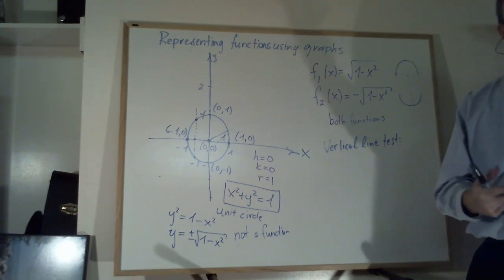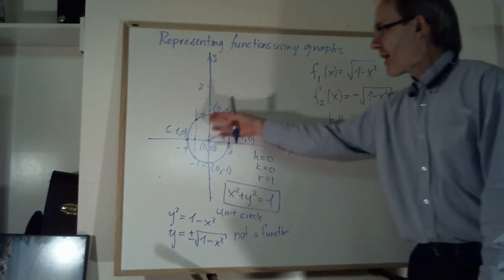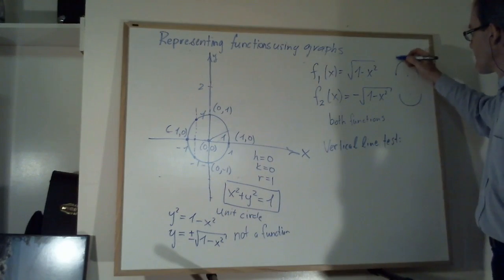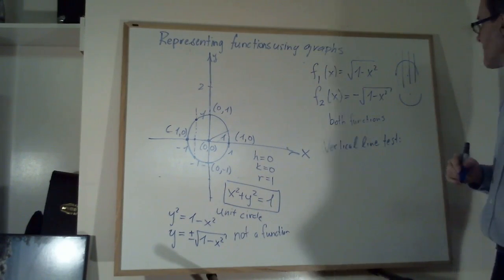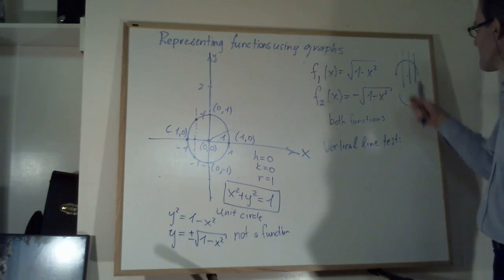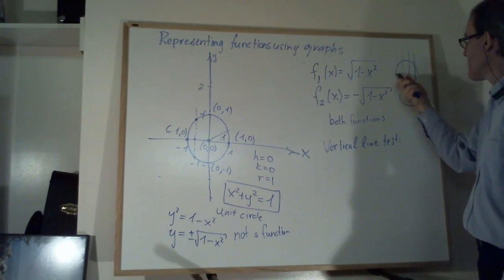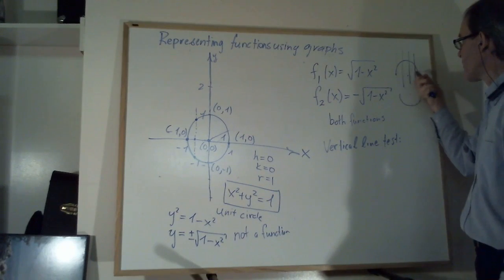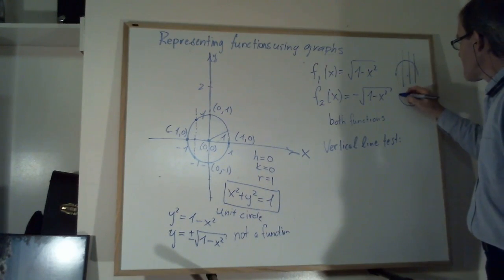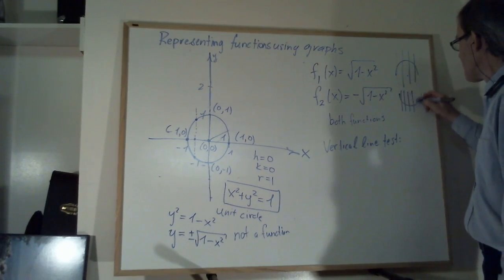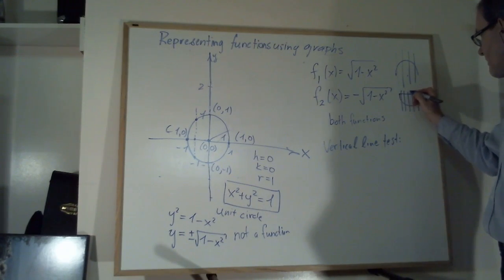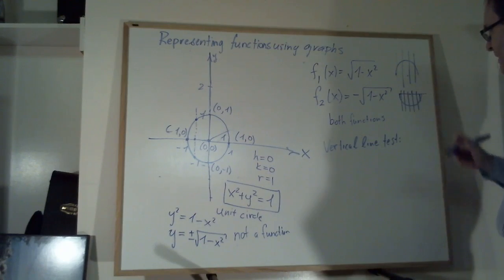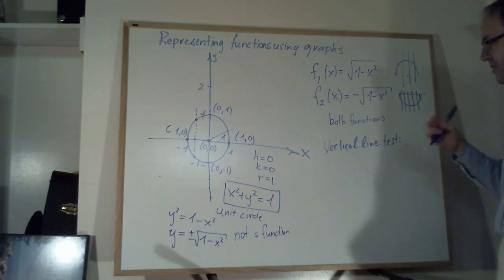It would be a function if every vertical line, for example here, intersects the graph in only one place. Likewise here, there's only one place where the vertical line going through each value of x on the x-axis will hit the graph. So there will only be one value for y.